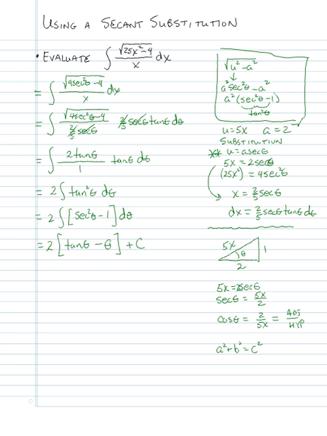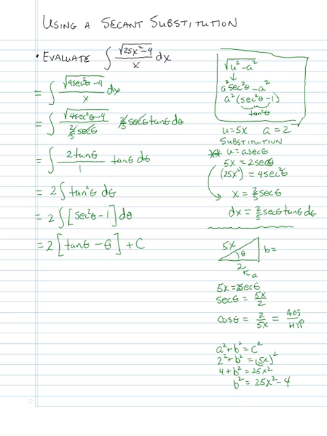hypotenuse. So if I'm thinking of this as side B, and of course this would have been side A, and the hypotenuse is 5x. So that tells us if we take A and square it, plus B squared is equal to C squared, well, C being 5x, so that gives us 4 plus B squared is equal to 25x squared, or B squared is equal to 25x squared minus 4.